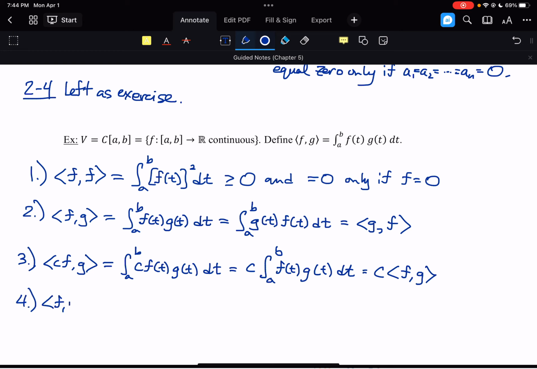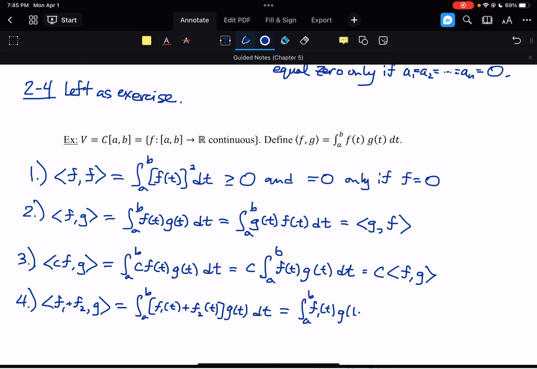And property 4, we have f1 plus f2, inner product with g. So that's the integral of f1 of t plus f2 of t times g of t dt. And of course, we distribute.